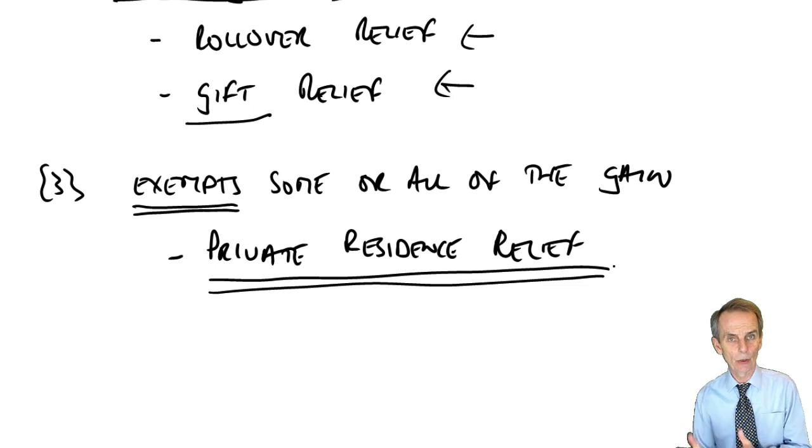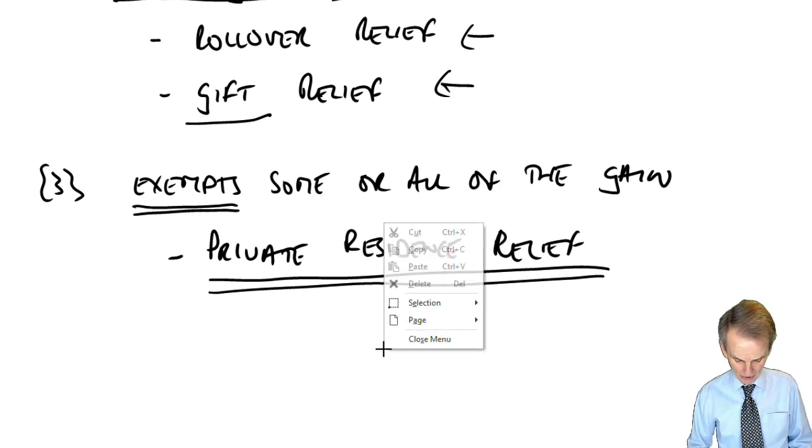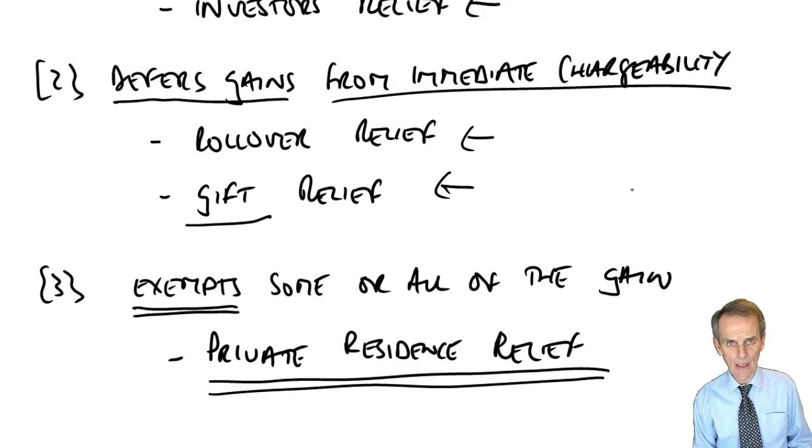And that will be tested. But to the extent that it is available, this is an exemption. That amount of the gain will not be charged at all. Now, that's as good as it gets, so far as any taxpayer is concerned. We have an exemption. So you're not going to pay any tax, and neither is anybody else in relation to your gain being deferred. No, it is exempted.